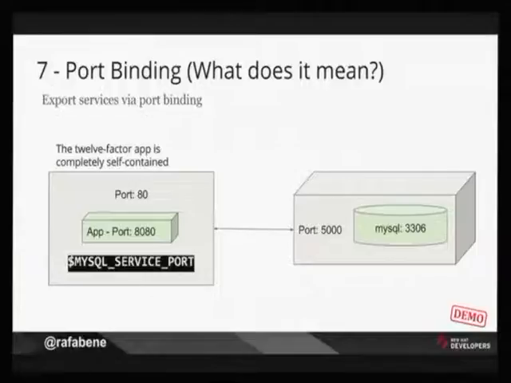To avoid port conflicts, I can have one database running on 3306, another one running on 3305, another one running on port 5000. So you should not depend on the port. You should always do a port binding and tell your application what's the port and what's the service of that resource. And you can do that using, for example, environment variables.